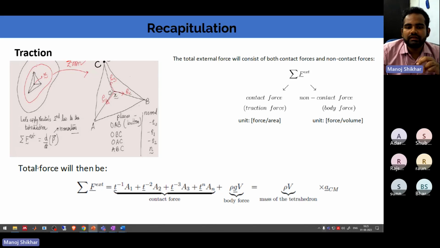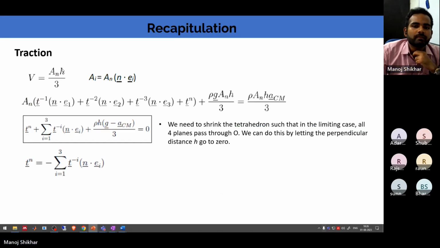This derivation has already been covered in the class. It is basically the second law of motion we are applying here: summation of external force equals mass into acceleration, and we are substituting the values of contact force and non-contact force. Contact force is generally force by area, and non-contact force is force by volume. If you follow the derivation done in the class, you will reach this formula.